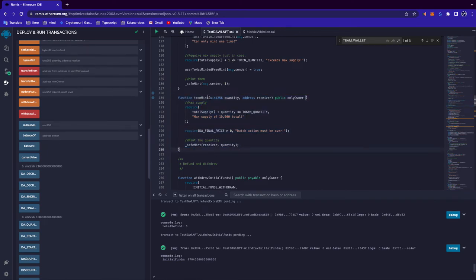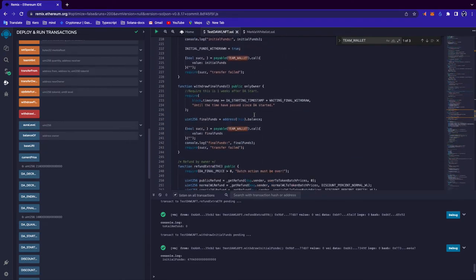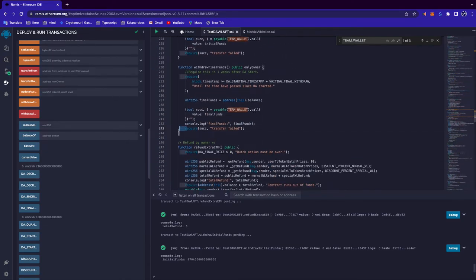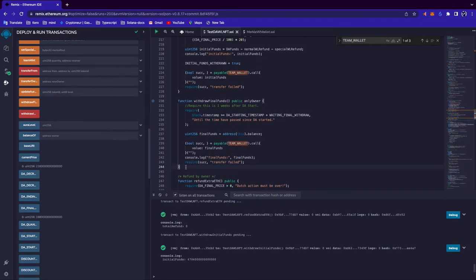We're going to mint the NFT from this function, and at last we can withdraw any remaining funds from this contract by invoking this withdraw final funds function. In this case also, we send all the remaining amounts to the team wallet address.